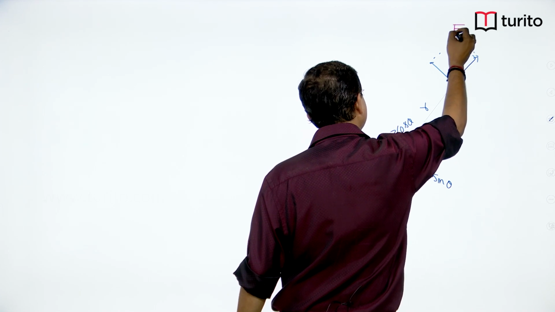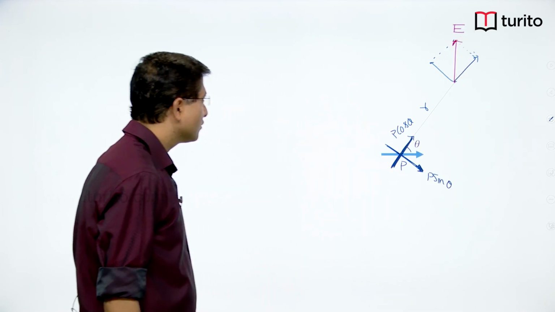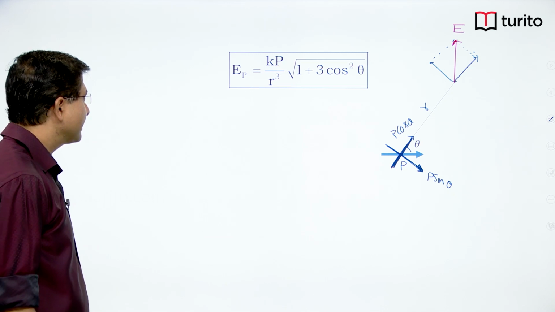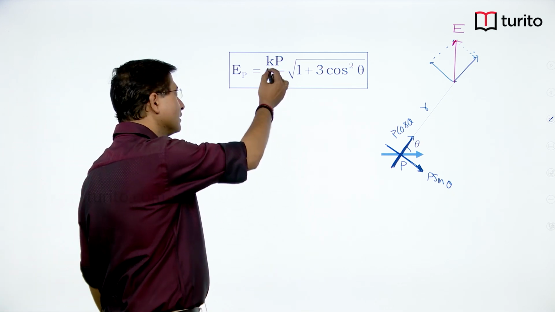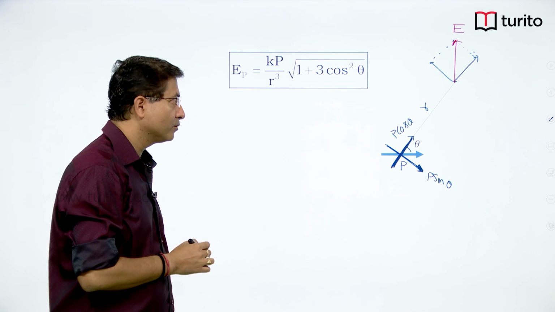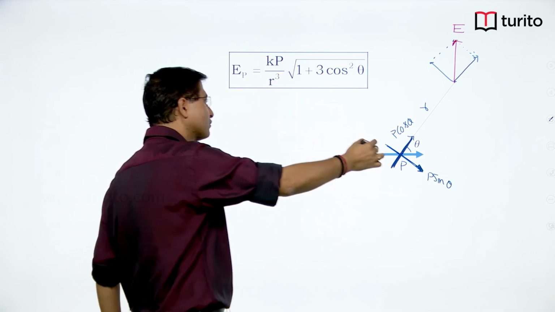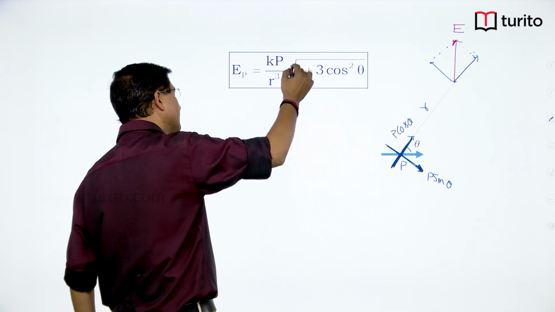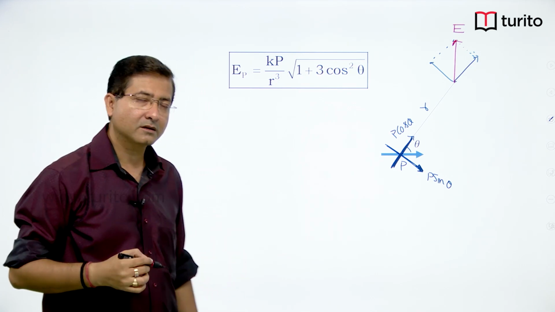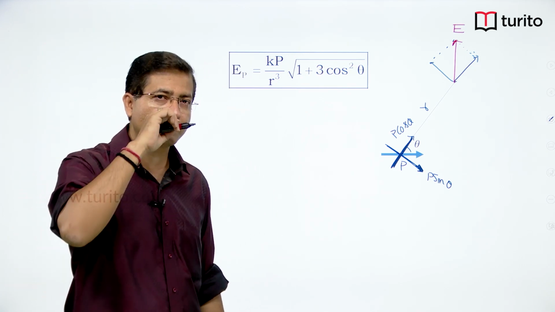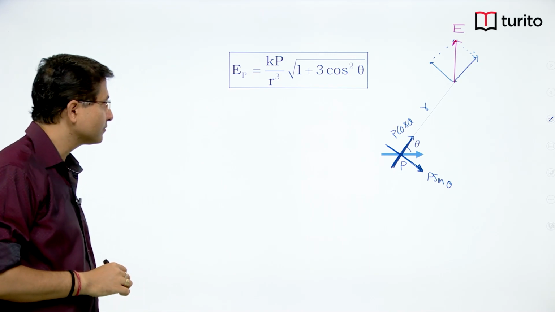So, that was the direction of net field, right. The magnitude we got was Kp/r cube, where p is the dipole moment, r is the distance from the center of the dipole, times under root in bracket 1 plus 3 cos square theta. That was the net field at that particular point.